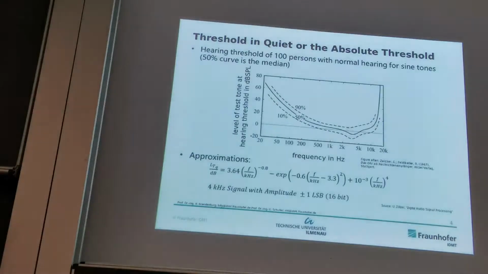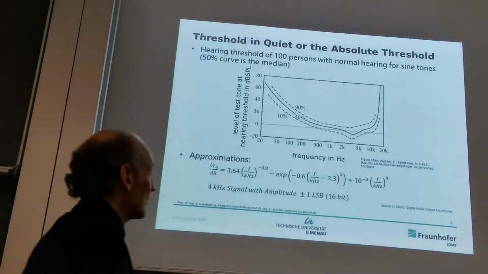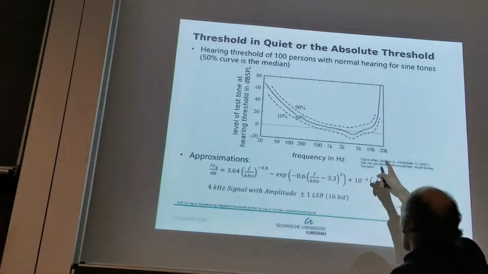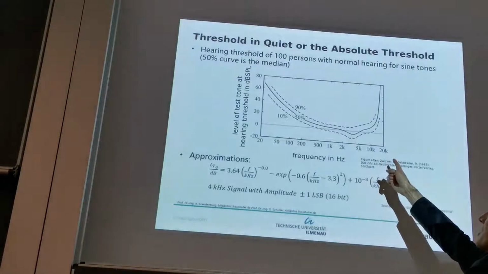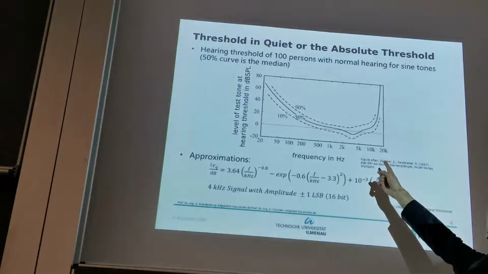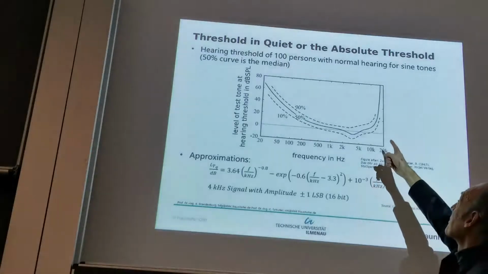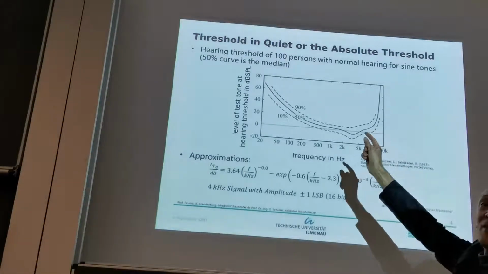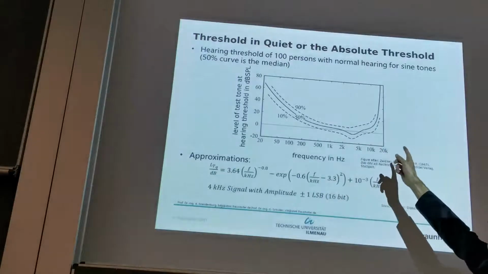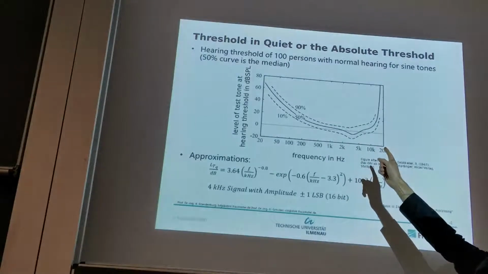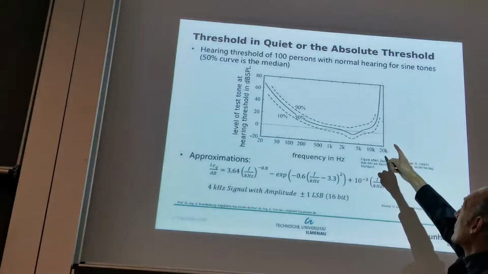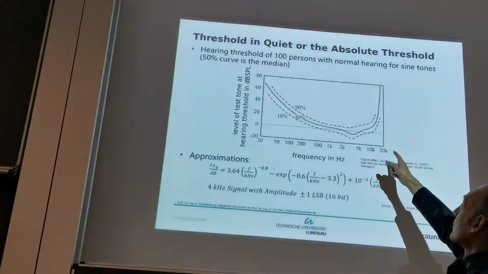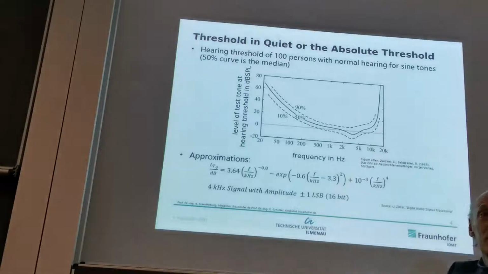So when you go back to this image here, look what happens at 20 kilohertz. Basically nobody can hear anymore. So you can see here the dash line. If you extend the dash line, maybe the best 10% can hear a little bit of it when it is very loud. But usually, like the 50% curve, basically nobody can hear it.